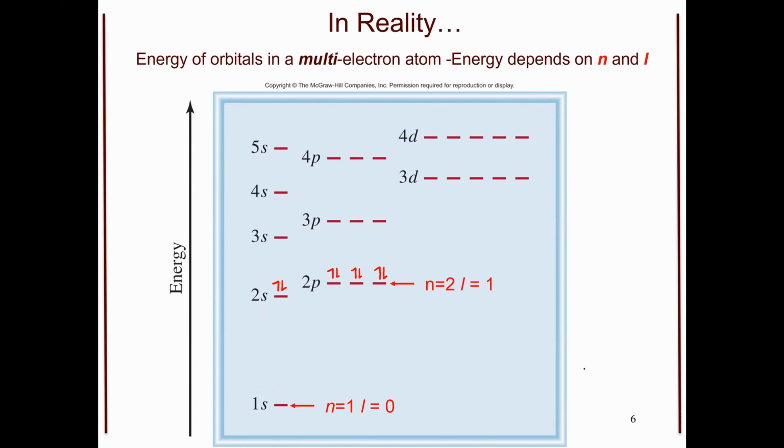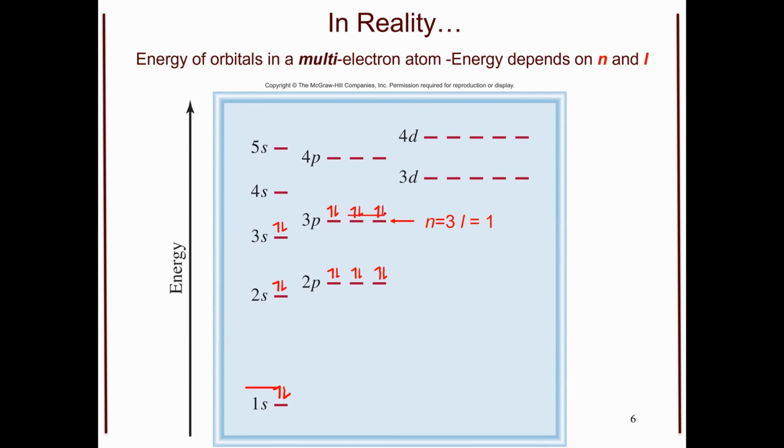If I go up to the 3s, notice that I can go 1, 2. I have also created a diamagnetic species once I have gone to the third, 3, 0 s orbital. And then finally, if I go to 3p, once again, I can go 1, 2, 3, following Hund's rules, and then go 4, 5, and 6 here at the bottom.